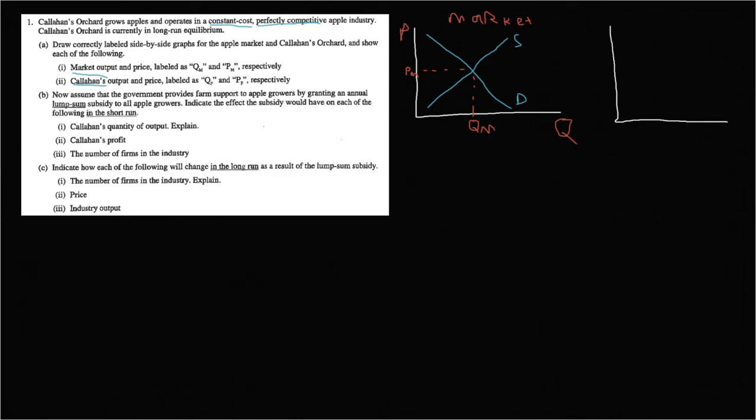And so the individual or the firm or Callahan, it says Callahan's output, so that's what I'm going to put, just so whoever's grading it does not get confused. So the market for apples will look like this.